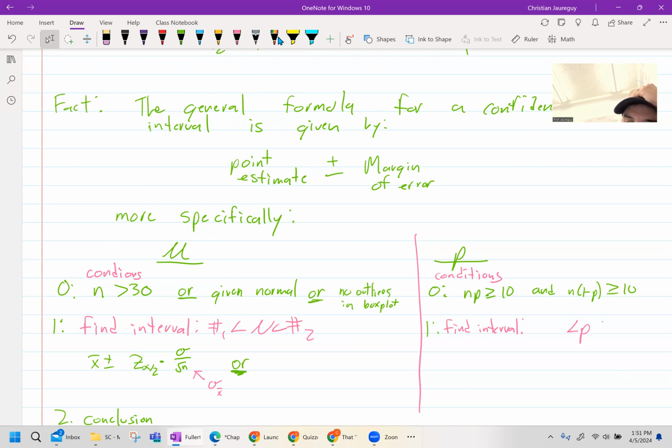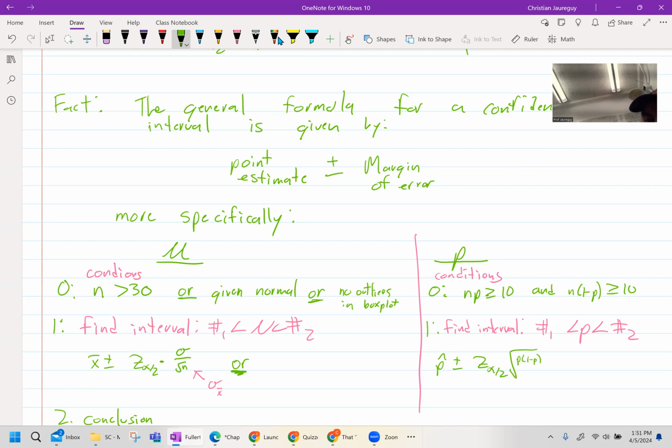P is between some number 1 and number 2. We don't know P, right? And then we say P hat plus or minus Z alpha over 2 times sigma sub P hat, which is square root of P1 minus P over N. Put an or here. Then 2, we write a conclusion.